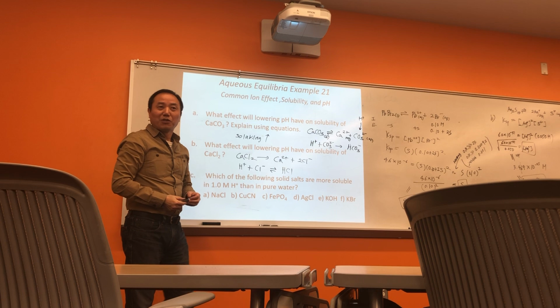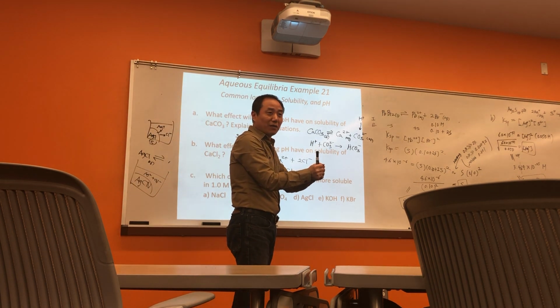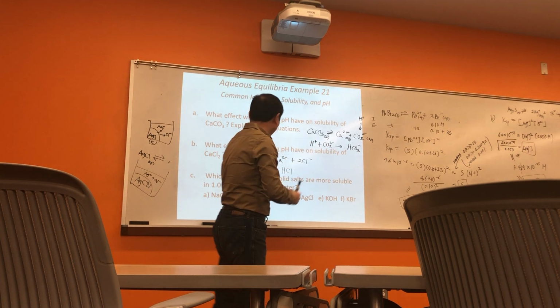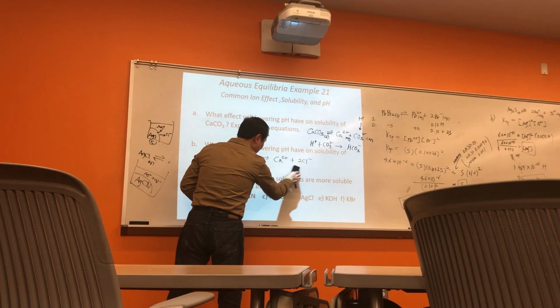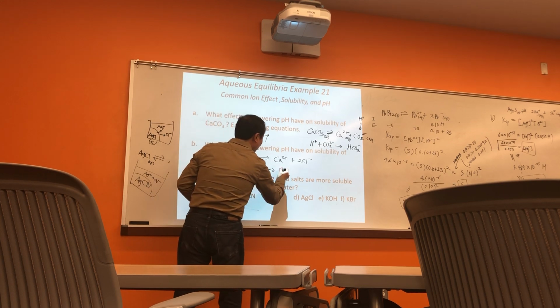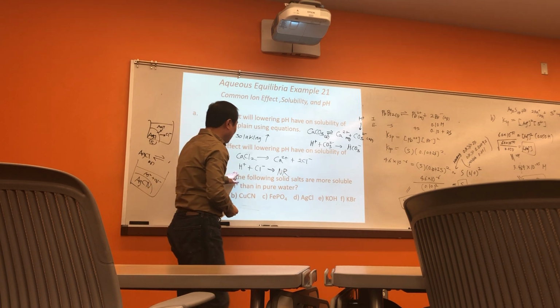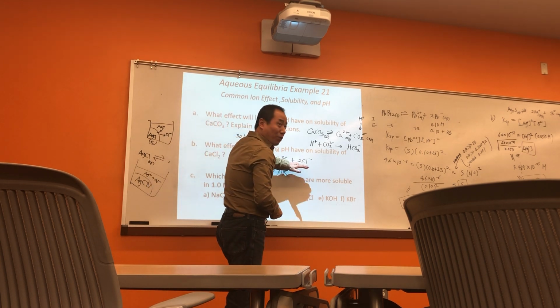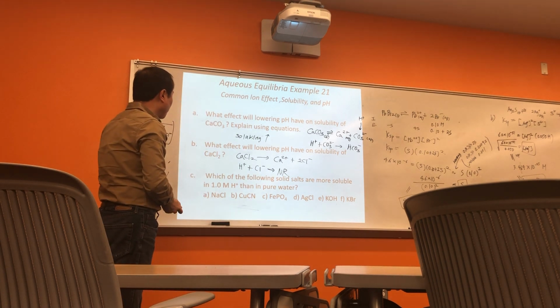HCl is known as a strong acid, right? They do not come back. Once they dissociate, they do not come back. So if you add those two guys, they do not react. So basically, this one, no reaction. Nothing happens. So you add acid, it does not change anything about the product. So, don't change.